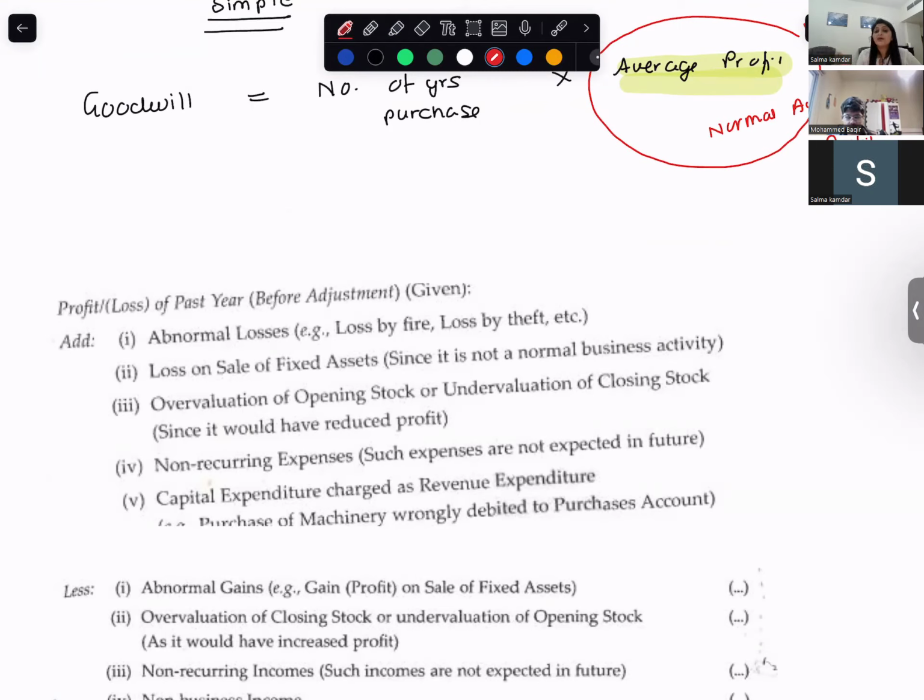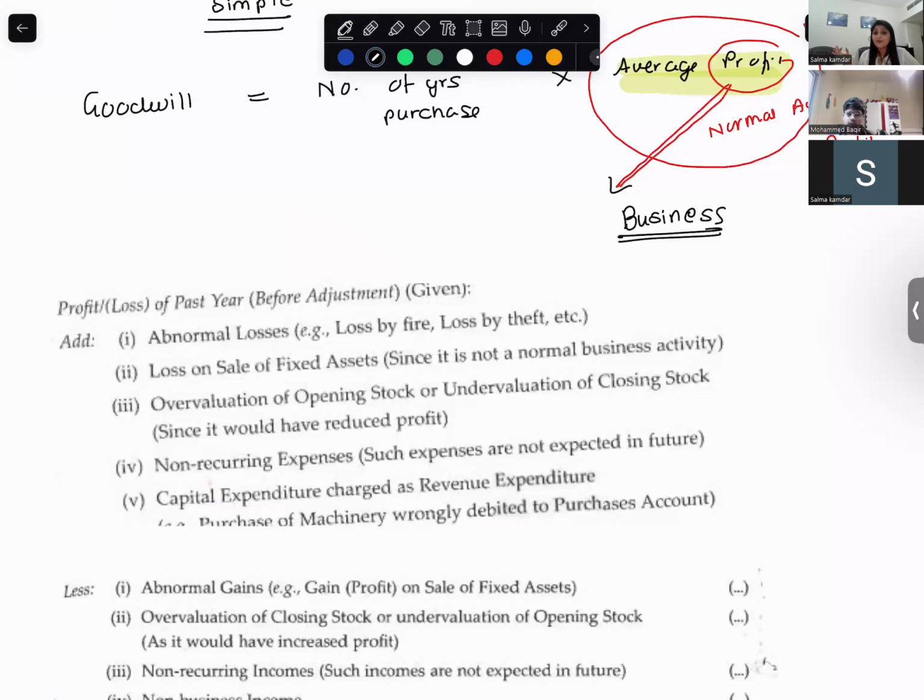So I want to take into consideration only that profit that is related to the business.